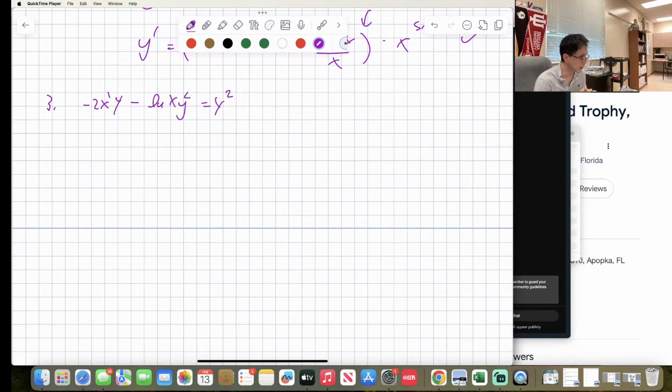Number 3: negative 2x squared y minus ln of x y squared equal to y squared. Now, this question, some people will argue, is misleading. What people should recognize is, if this is here, then there has to be a parenthesis over there. If it's ln x times y squared, then y squared would be on the front in order to differentiate both.